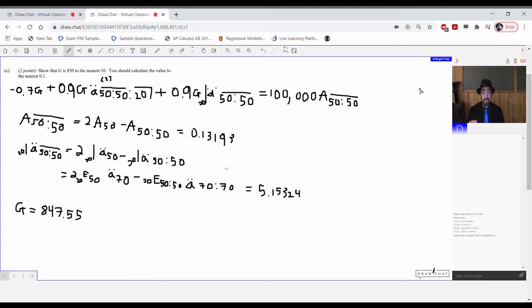Well, of course, the table doesn't give you 50:50 bar, so you have to do that whole thing again where you say 2A50 minus A 50:50, right? Imagine, if you will, that if you paid each of them $100,000 on death, you could either view that as 100,000 to Mark and 100,000 to Diane, or 100,000 to whoever dies first, 100,000 to whoever dies second.